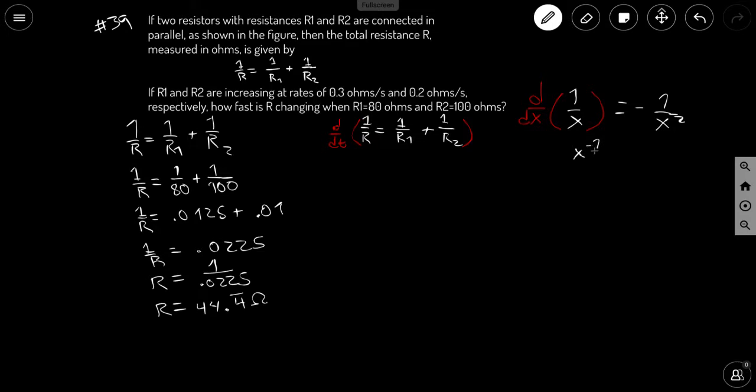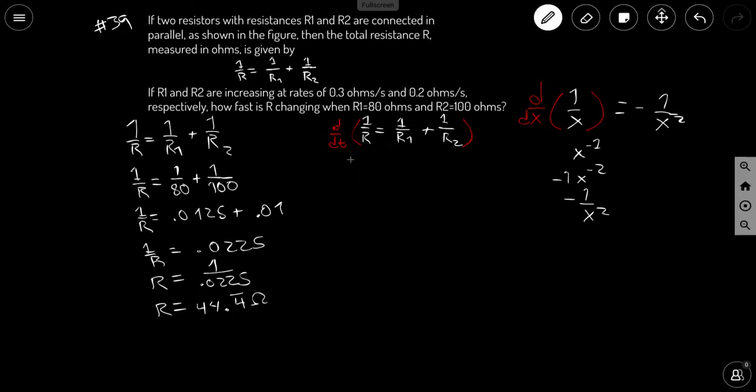And when you're finding the derivative, what you want to do is bring this number down, negative 1, and then you subtract 1 from the exponent. So that gives you negative 2. And this is equivalent to negative 1 over x squared. See, and that's how. So I just want to clear that up because we're going to have to use this in order to differentiate this formula.